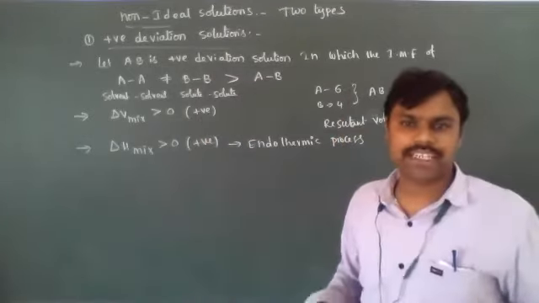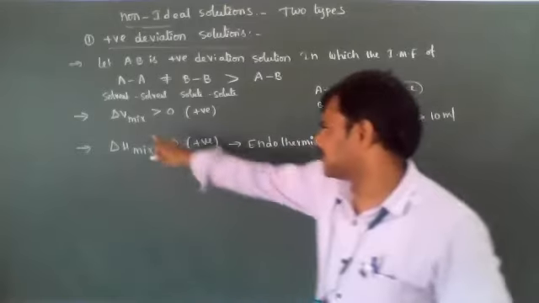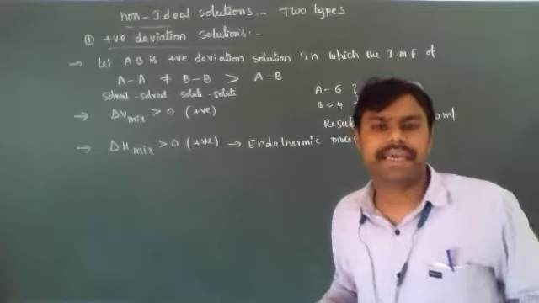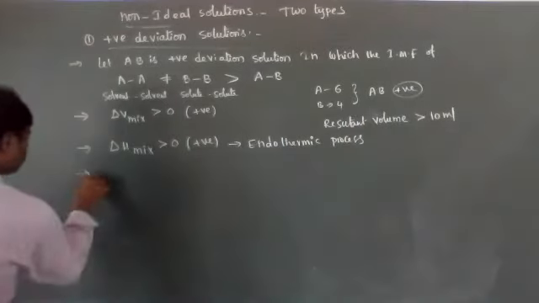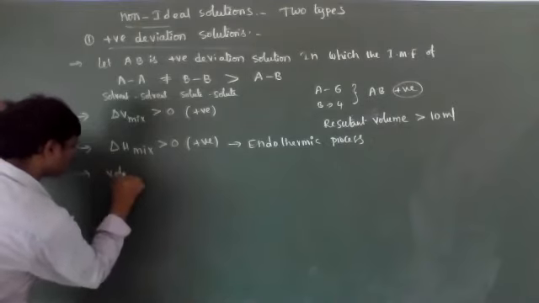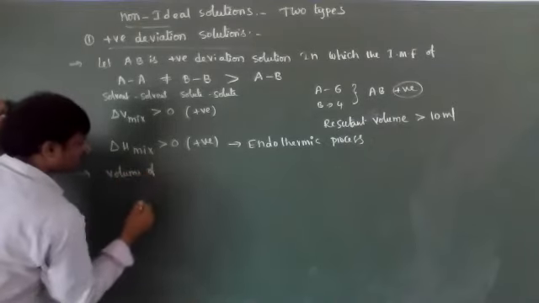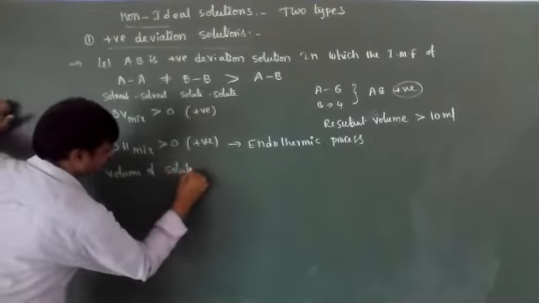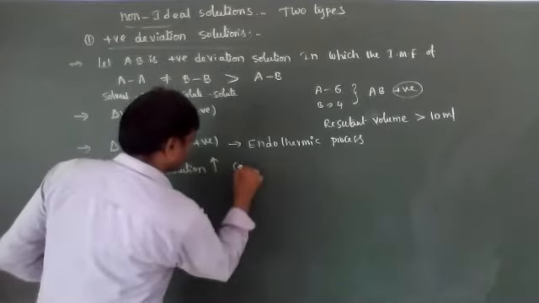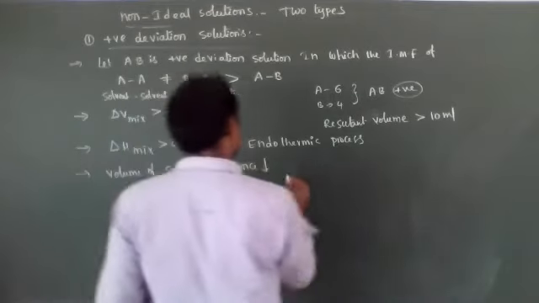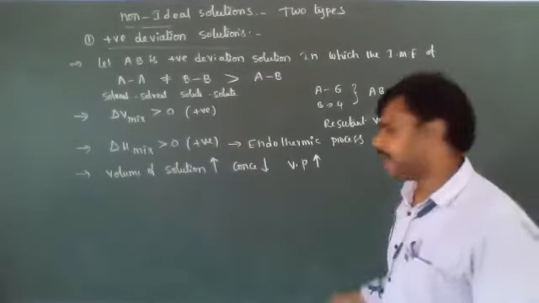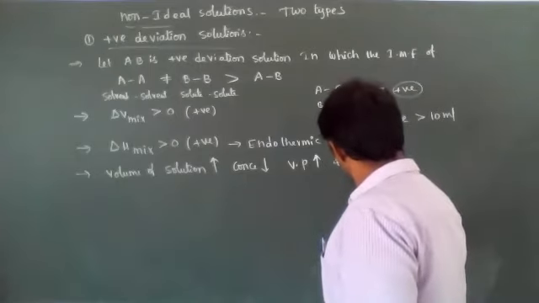Okay, and one more thing, dear students: if the resultant volume is increasing, the concentration decreases, then the vapor pressure will increase. So the volume of the solution increases, the concentration decreases, then the vapor pressure increases and the boiling point decreases.